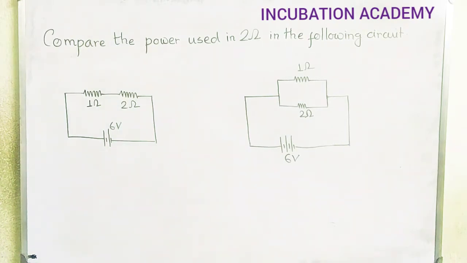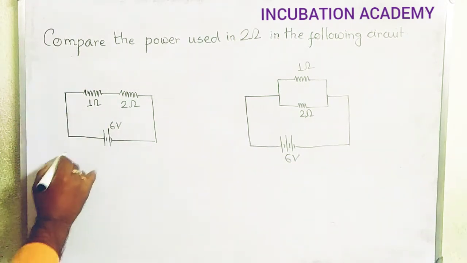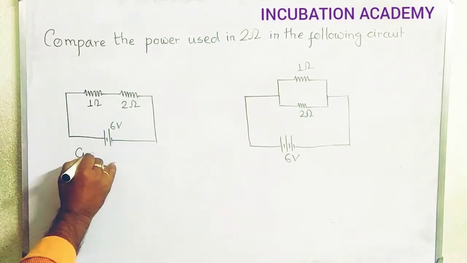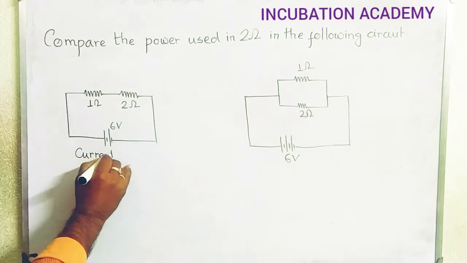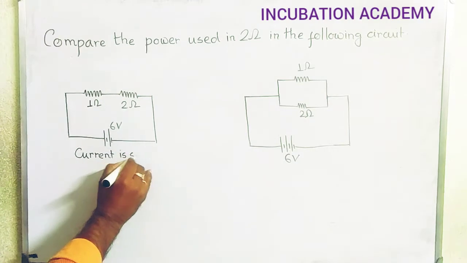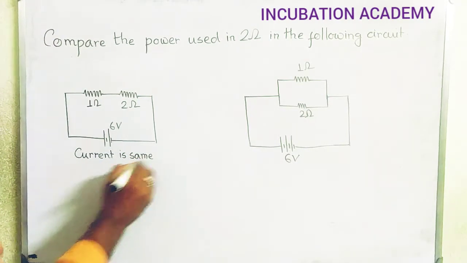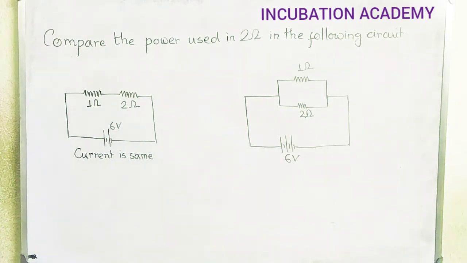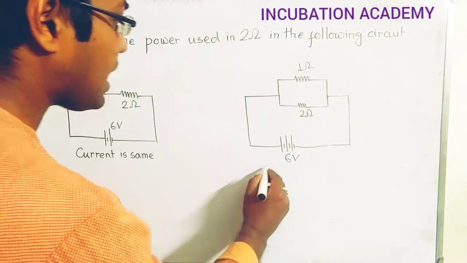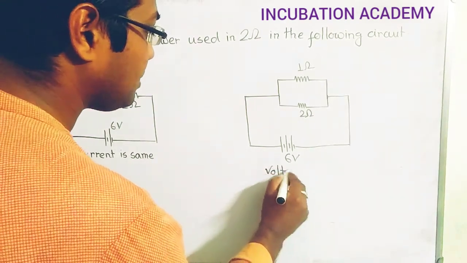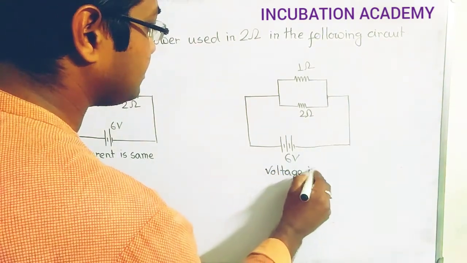So we need to understand from here, when the resistances are connected in series combination, then the current through these resistors is same. When the two resistors are connected in parallel combination, then the voltage across these resistors is same.